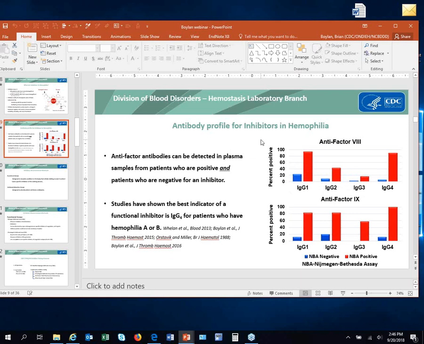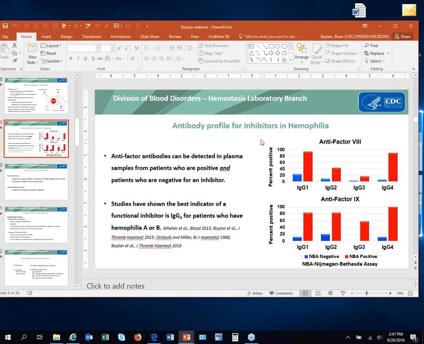Now, when you look at the low titer inhibitors in patients who have a long established inhibitor, it's more common to see both IgG1 and IgG4, and you can see all different combinations of high and low titers of antibodies. But mostly, if you have a low titer Nijmegen-Bethesda, you will see some amount of IgG4, and IgG4 levels do tend to correlate pretty well with Nijmegen-Bethesda units, but that's not always the case.